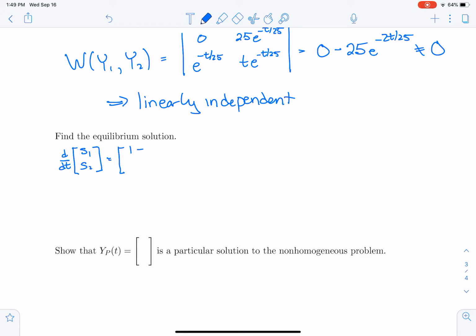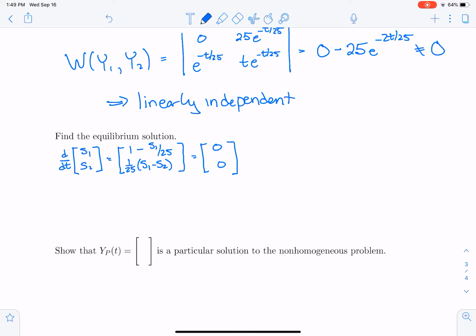So this is 1 minus S1 over 25, and then it's equal to 1 over 25 S1 minus S2. And I'm going to set this equal to 0, 0.